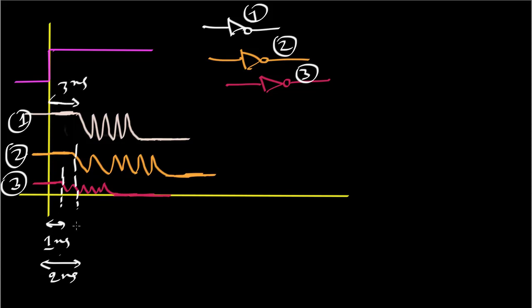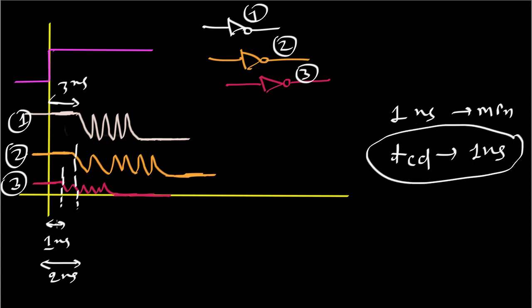So the minimum time after which the output starts changing is 1 nanosecond. So the manufacturer will say for the NOT gate, it's not the average, it's the minimum. So TCD is 1 nanosecond, because the minimum time taken by the NOT gate is 1 nanosecond.